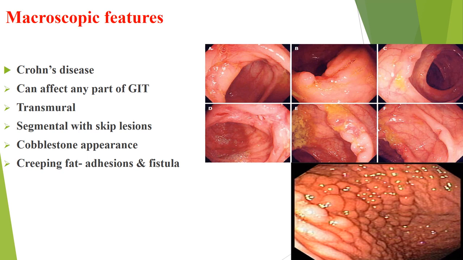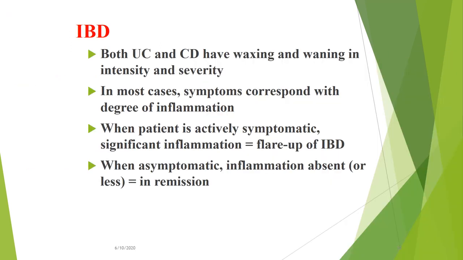We call this a skip lesion, or it might be seen as a cobblestone appearance, like the picture below, and also there can be adhesions and fistulas. Both ulcerative colitis and Crohn's disease have what we call waxing and waning in intensity and severity, so there is a flare up of the disease and a remission from time to time, dependent on certain factors.